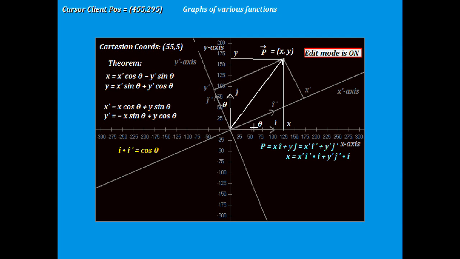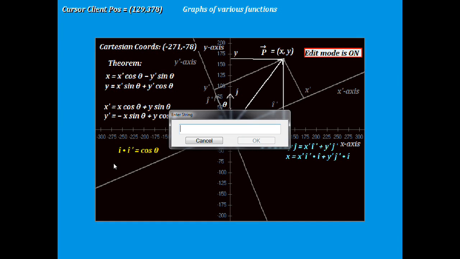So it's 1. So j dot i is just the cosine of pi over 2 plus theta. i prime dot j.